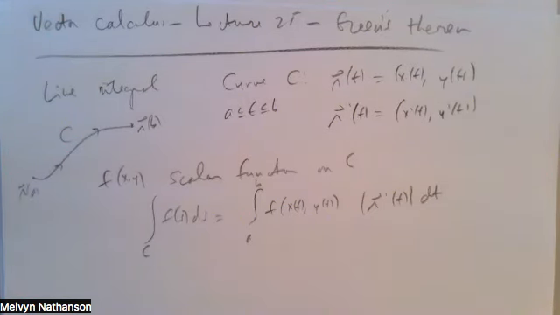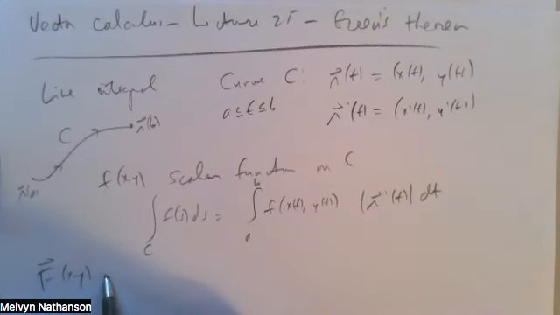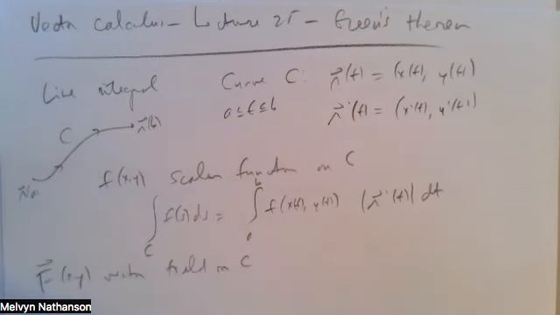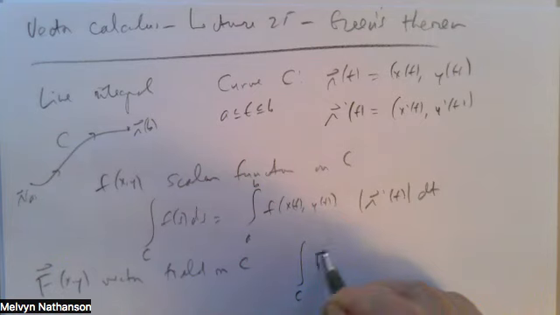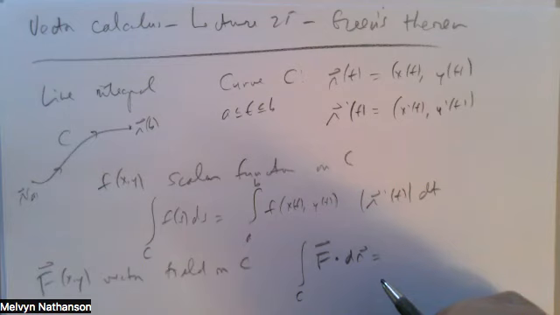And in the case of a vector field, suppose F of x y is a vector valued function, or a vector field on the curve C, then the integral along the curve of the vector field, I'll just write it F dot dr, is, so there's a shorthand.